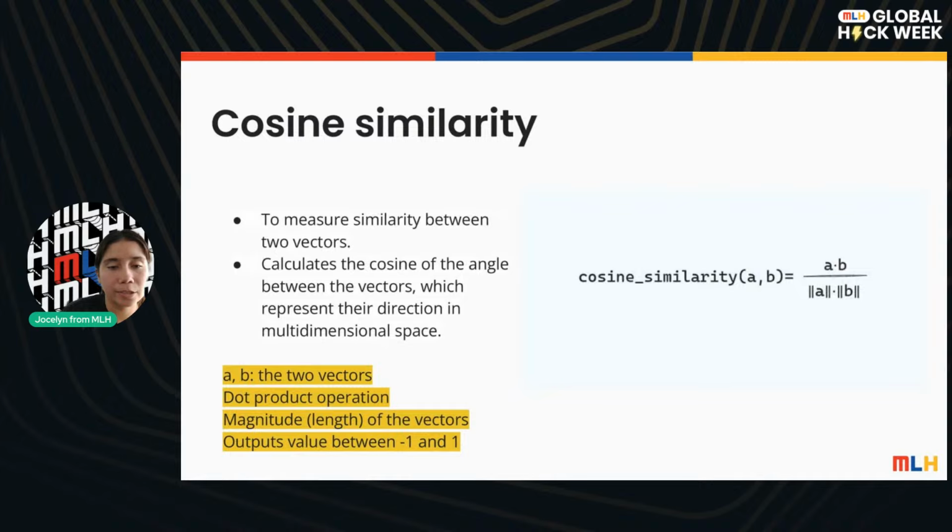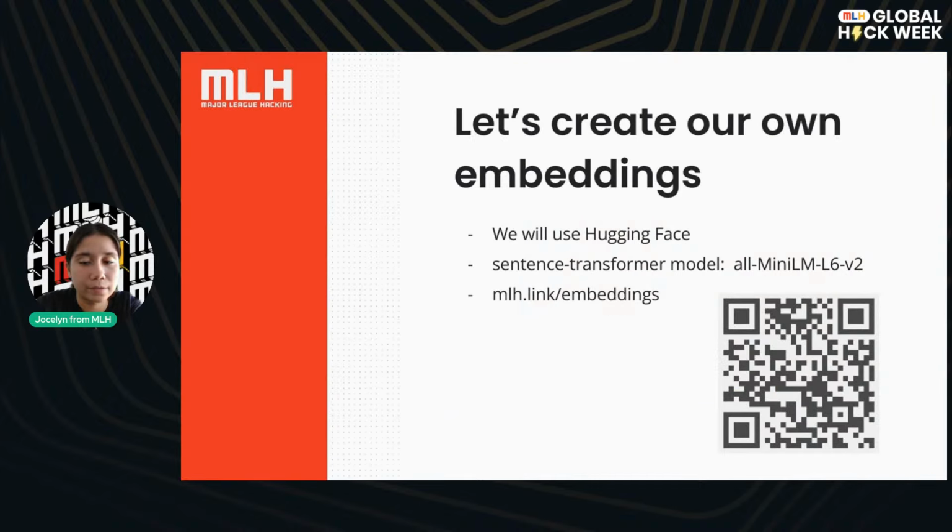Then we apply a dot product operation, and then we measure the magnitude, which is the length of the vectors, and the outputs are going to be values between -1 and 1, depending on the relationship that we have. And that's just how you measure the relationship between two vectors in a multidimensional space, as we already saw on our previous graphs.